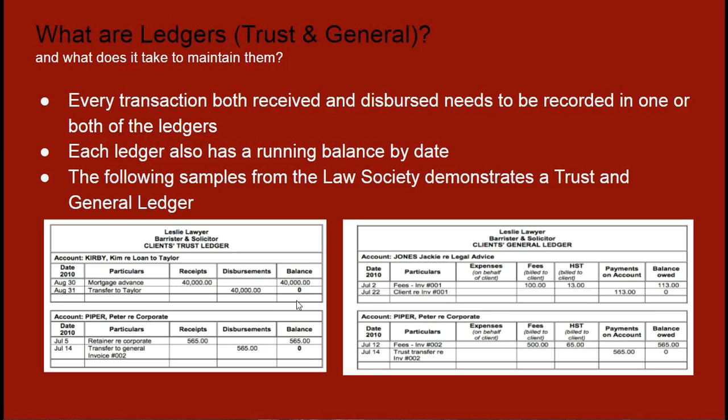So if you have a client, John Doe, and if you have a small claims matter as well as a separation, you would have a separate categorical ledger for the small claims matter with its own running balance, and would have a separate categorical ledger for the separation matter with its own financial transactions and with its own particulars and its own running balance.